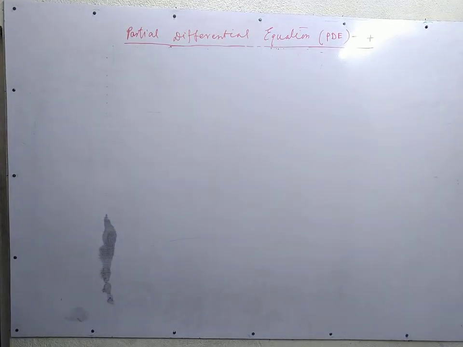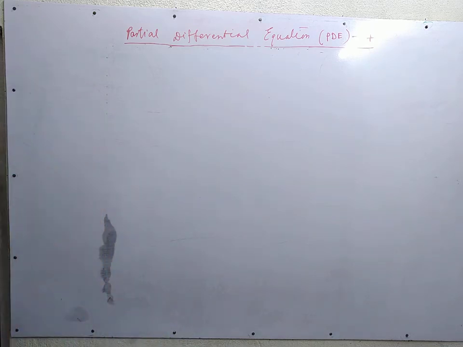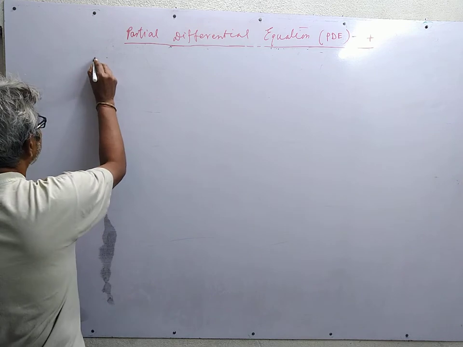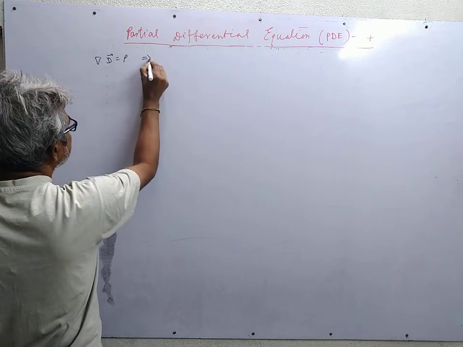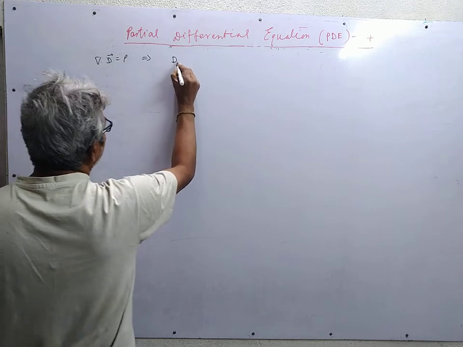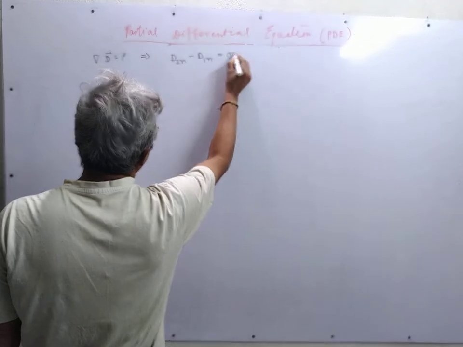As per syllabus, we shall consider only a few cases of electrostatics. Before going to that, we shall use the boundary condition. The boundary condition is that the divergence of D is equal to rho. This leads to D2n minus D1n is equal to surface charge density sigma.